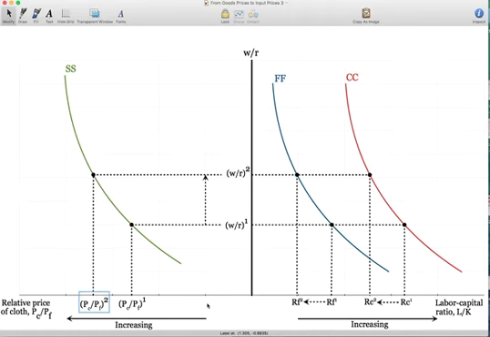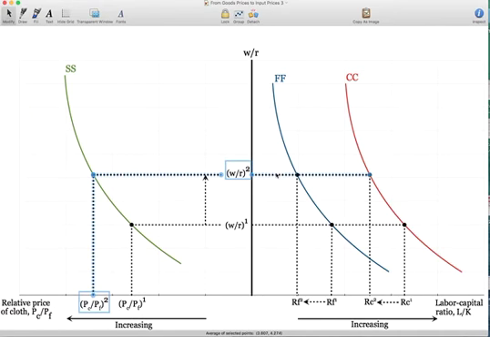And as the costs go up more in cloth production than in food production, that's going to bid up the price faster in cloth production. So at that higher wage rate, rental cost of capital ratio, we see that the relative price of cloth to food increases. What does this do to the allocation of labor and capital in both of these industries?